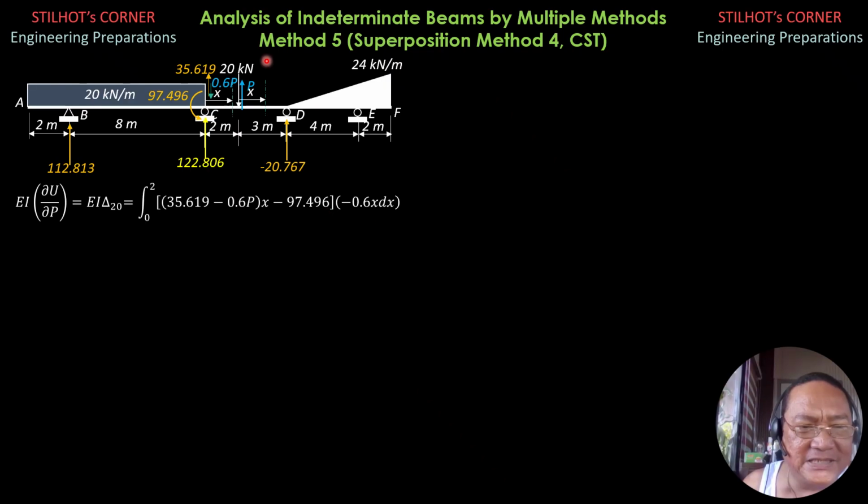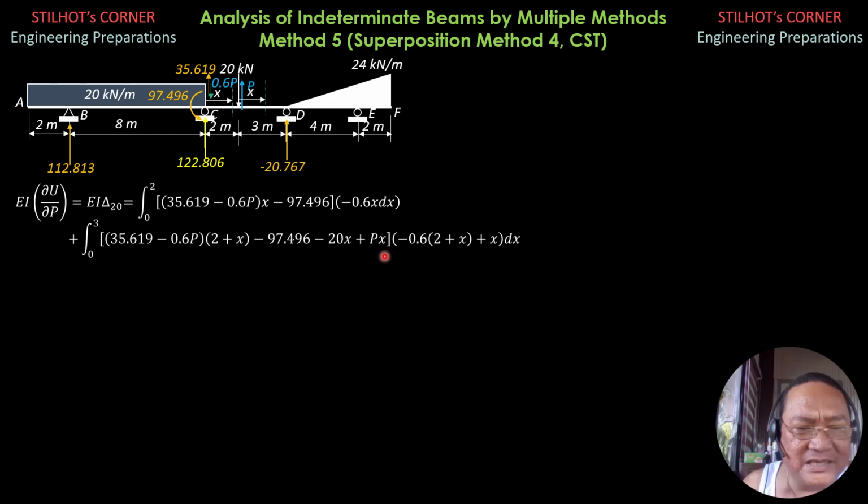Then in this second section, integral of quantity 35.619 minus 0.6P times quantity 2 plus X, then minus 97.496 minus 20 times X, which is that, then plus P times X, then the derivative with respect to P is negative 0.6 times 2 plus X dx. The value of the integral after setting P equals 0 is equal to 37,513 over 625.